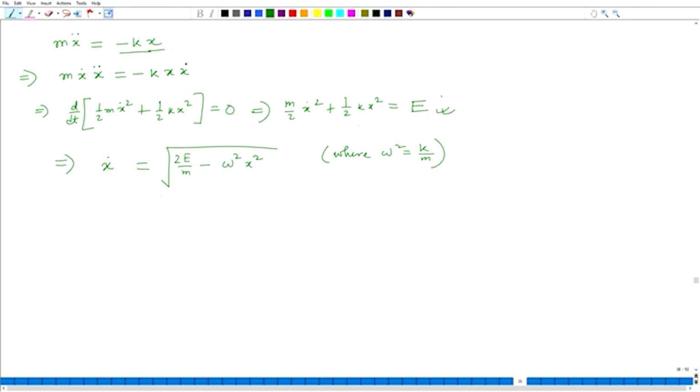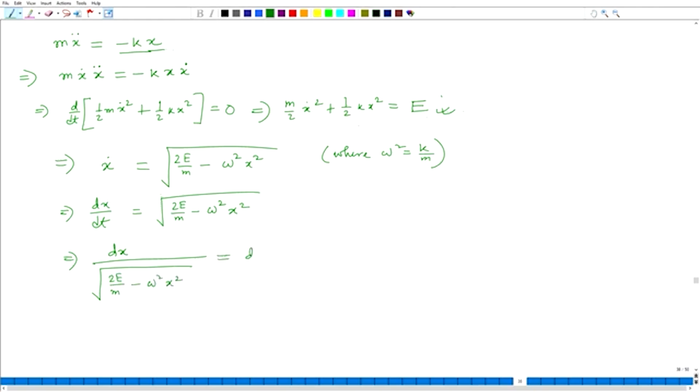Just from this equation you can easily write this. Okay. Now, what is this? This is dx/dt is equal to root of 2E by m minus omega square x square. Okay. Now, I can take everything including this x part on one side and the dt on the other side.